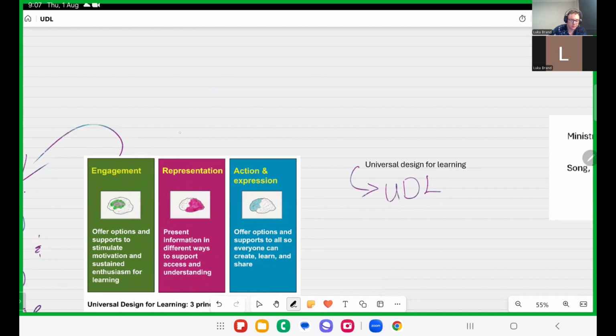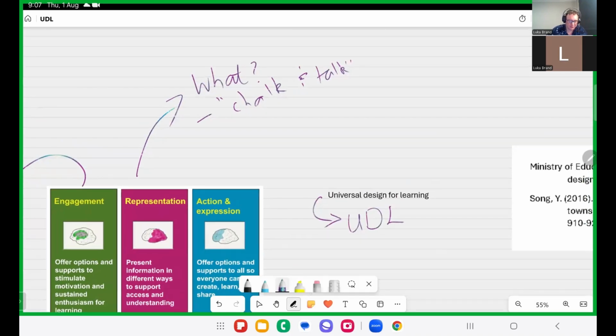Representation. This is really about the what of learning. What are we learning? What I really like is we'll do a bit of what's called chalk and talk. I'm not sure what the new sort of updated language for this one is because we don't have chalkboards anymore. But this is where a teacher will stand at the front of the room and talk. And there is absolutely nothing wrong with that.